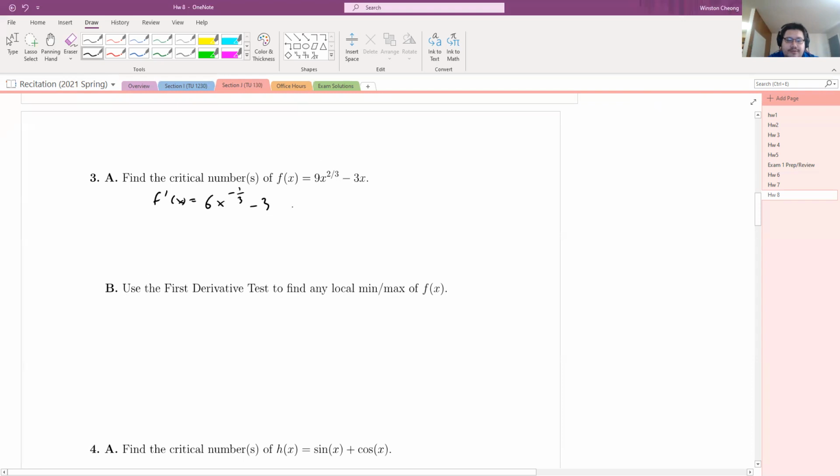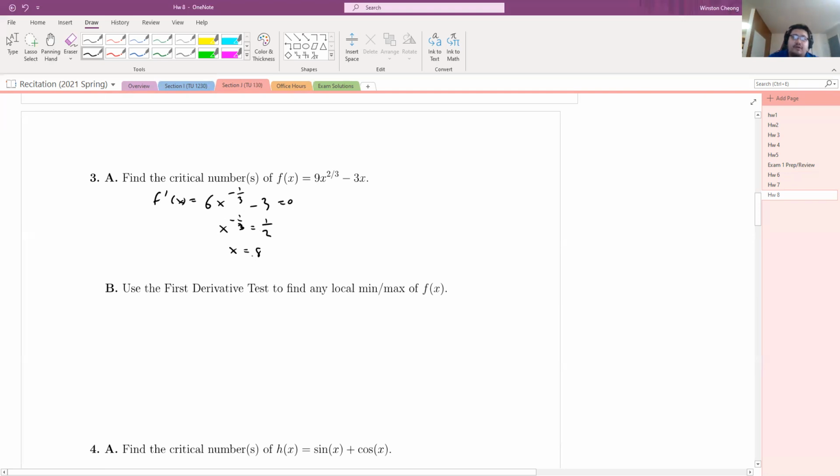And the normal process we would do is set equal to 0 and solve, so I would add 3 and divide by 6. I would get x to the negative 1/3 is equal to 1/2. You would view this as a cube root in the denominator, so you would reciprocate, and then you would cube. So that is going to give us x is equal to 8.